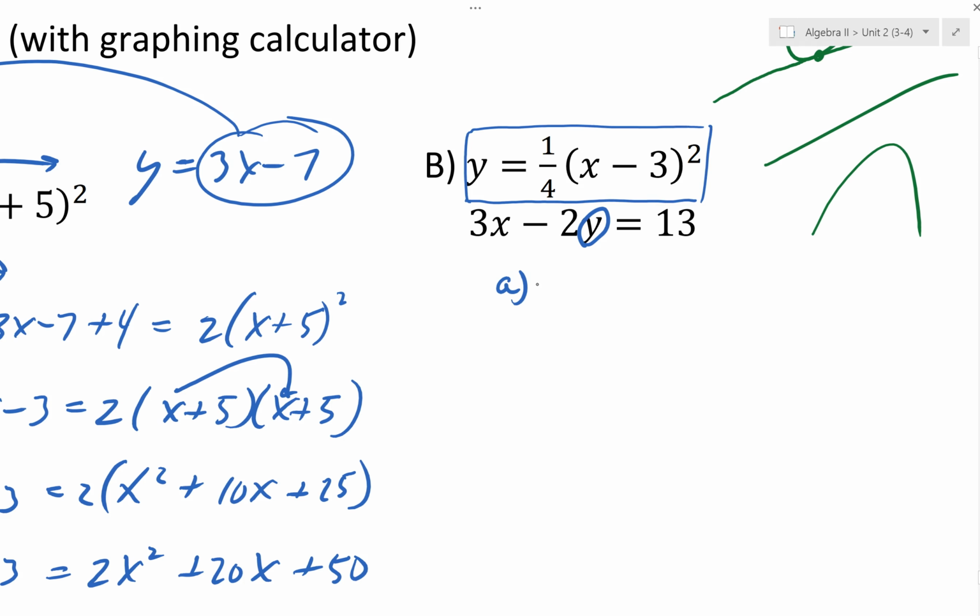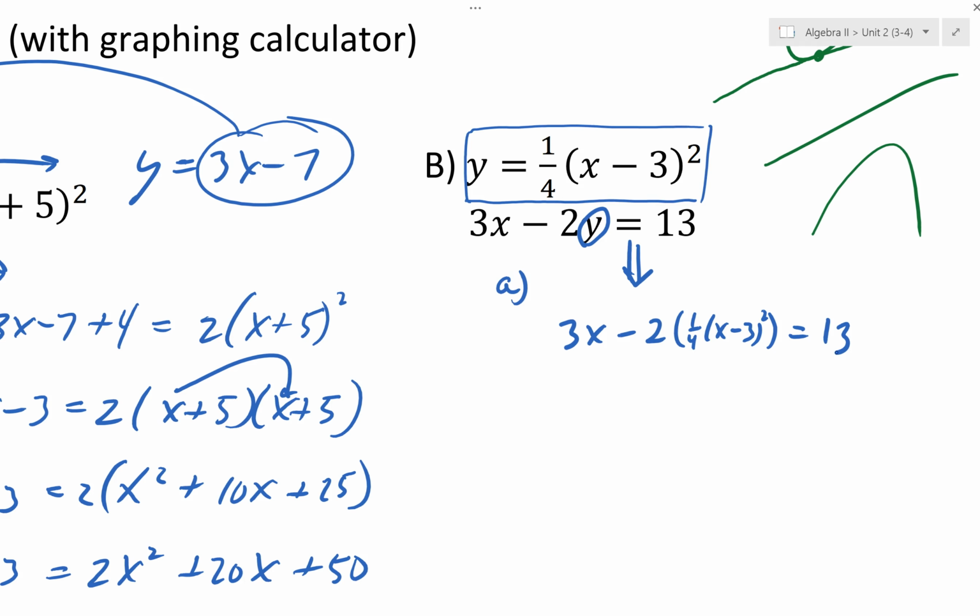And so now I'm going to rewrite this equation, 3x minus 2 times y, but in place of y, what should I write? 1/4 x minus 3 squared. Good job, Sarah. And then that equals 13. Okay?